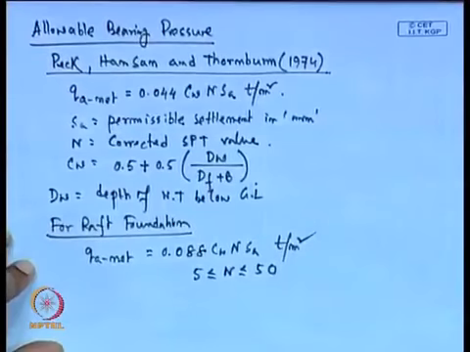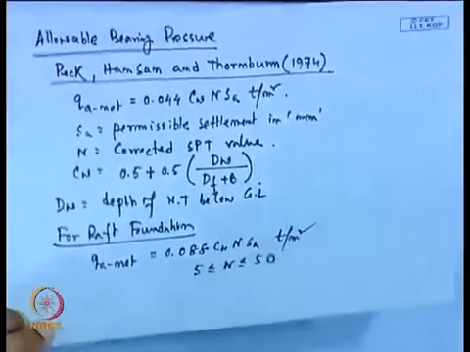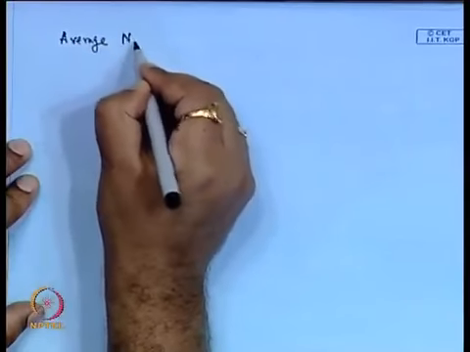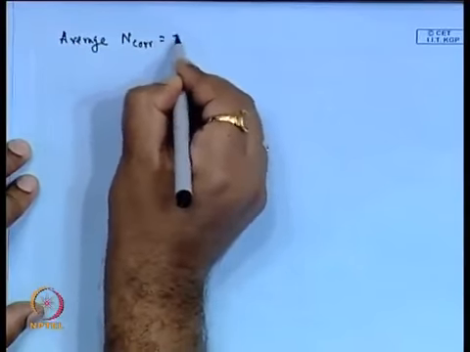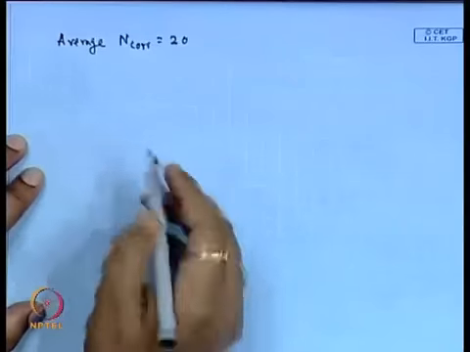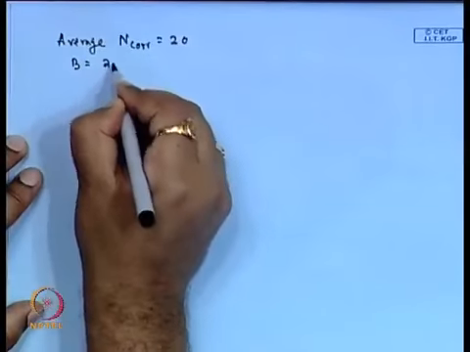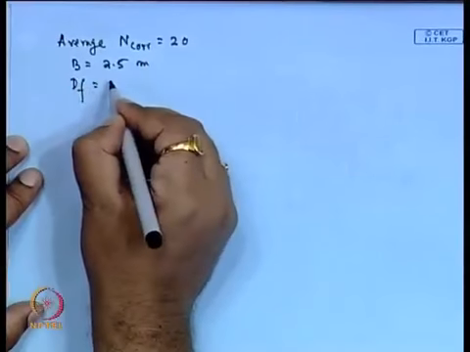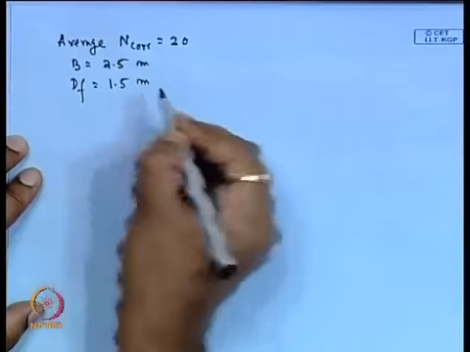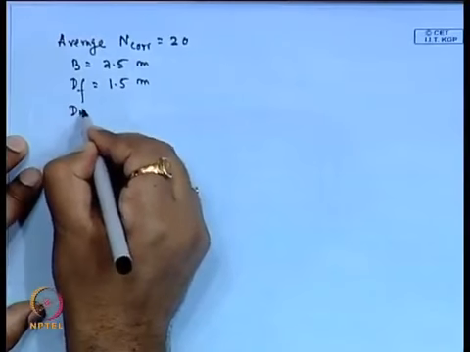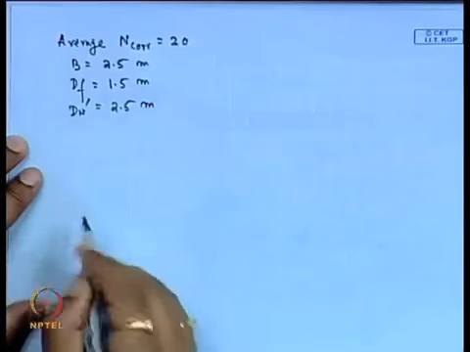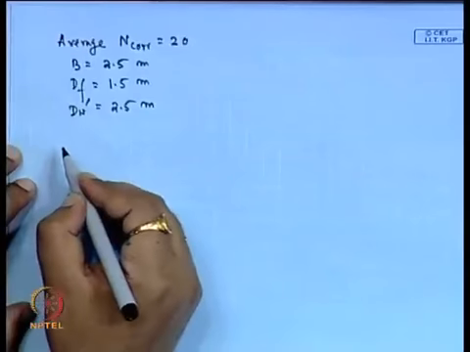So, now for this case, suppose the average N corrected is 20 say, and width of the foundation is say 2.5 meter, and depth of the foundation is say 1.5 meter, and dW dash is 2.5 meter from the ground level, depth of water table from the ground level.